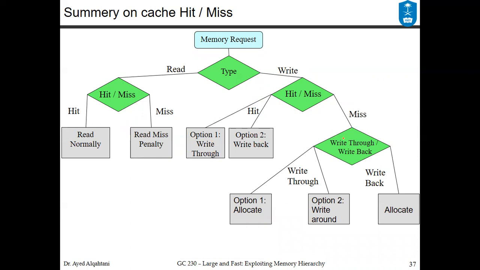If it is a miss, you still need to do write through or write back. However, if you use a write through, you have two options. Either you allocate, which means that you fetch the block, or you don't allocate. When you don't allocate, we call it write around. If you are using write back, then you must allocate or fetch the block and make it dirty.